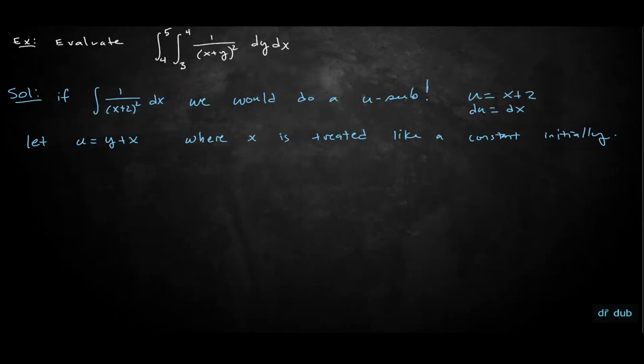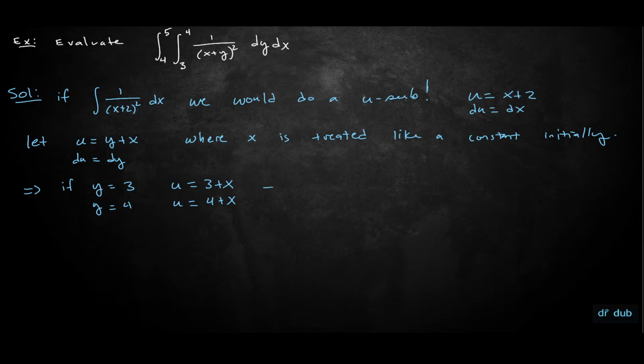So where x is treated like a constant initially, then du would be dy, if I just differentiate with respect to y and treat x like a constant. So then, if y is equal to 3, u would be 3 plus x. And if y was equal to 4, u would equal 4 plus x.